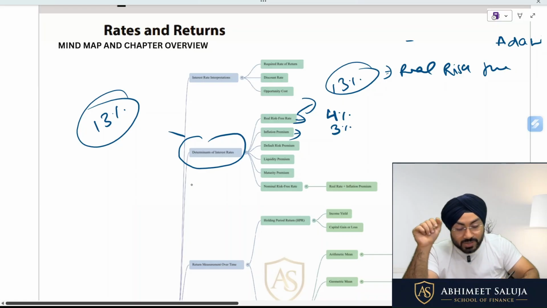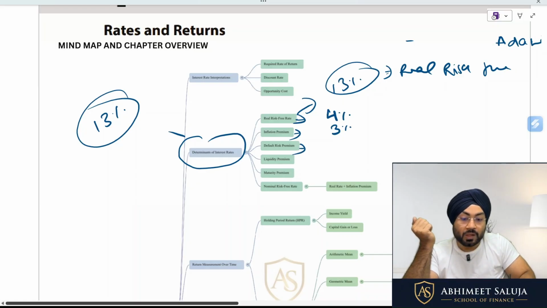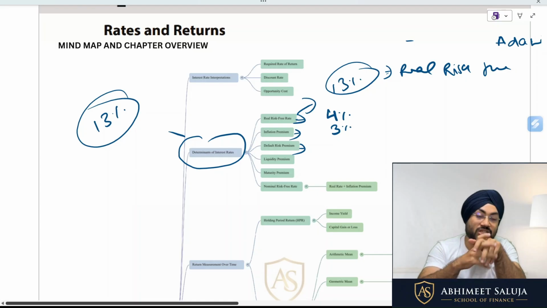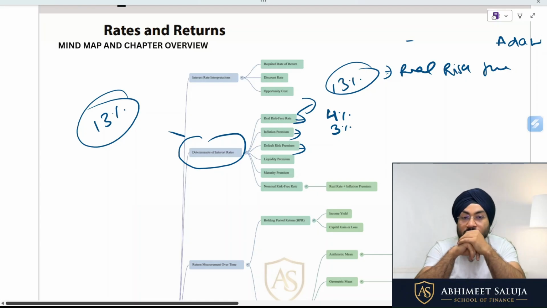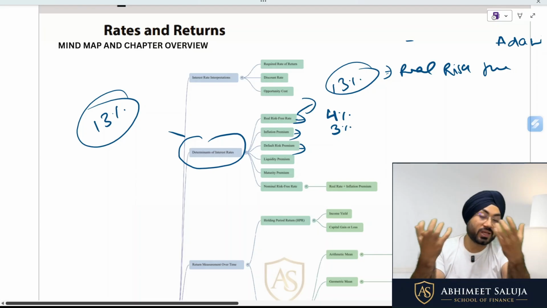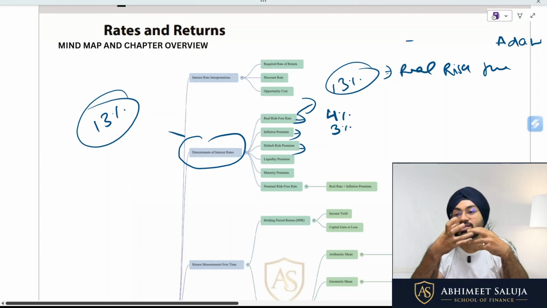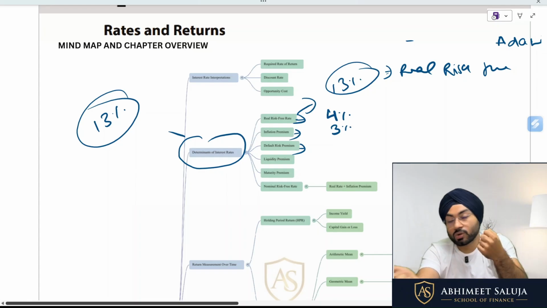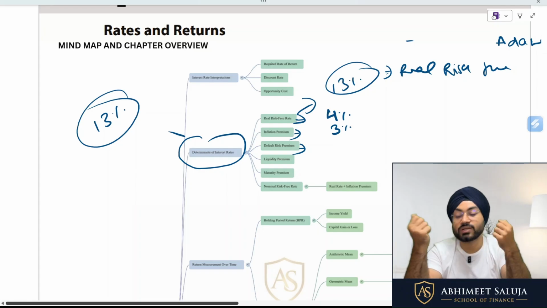Now, what is default risk premium? Default risk premium is: what if Adani Enterprises fails to repay my principal or the interest amount that it has promised, right? I'm carrying that risk because anything can happen. Adani Enterprises could go into default, some business can go wrong, some policies can go wrong, right?